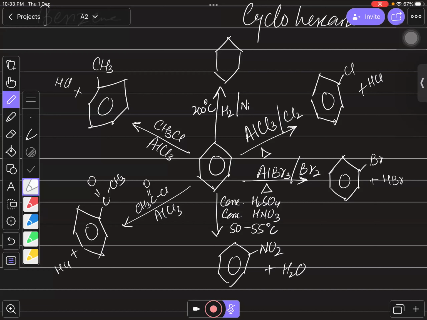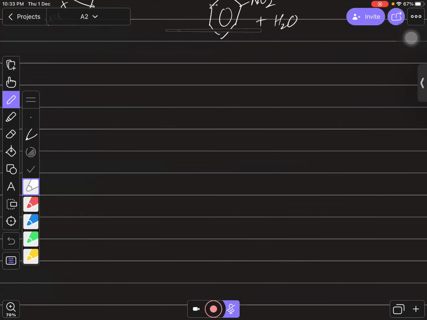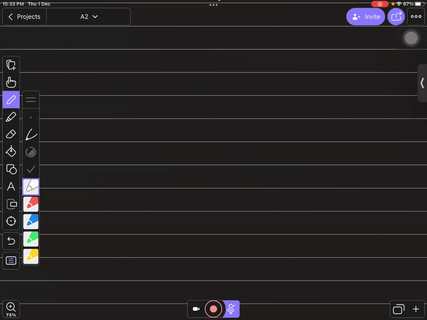Chale, let's move towards then to the next arene that we need to discuss, which is methyl benzene. Now we know that if we want to form methyl benzene from benzene, what do we need to do? For suppose I have benzene, I just want to convert this benzene into methyl benzene. So what we need to do? This is what is new that we need to talk about, methyl benzene.